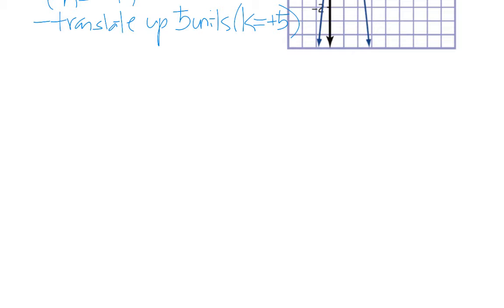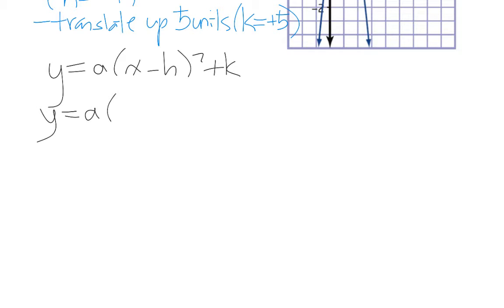I'm going to begin this question by writing the vertex form of a quadratic relation. Next, I'm going to put in the values of h and k that I observed based on the coordinates of the vertex. So that should give me this.